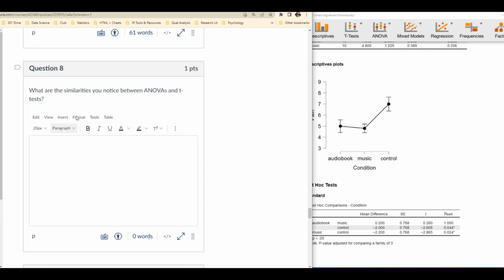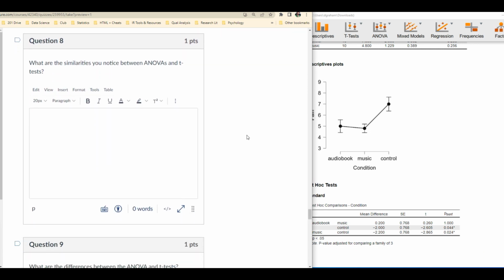Okay, so what are the similarities that we notice between ANOVAs and t-tests? There are several. I encourage you, before you look at what I write, to think about it, list out what you can come up with, and then compare with what I've got here and fill in.